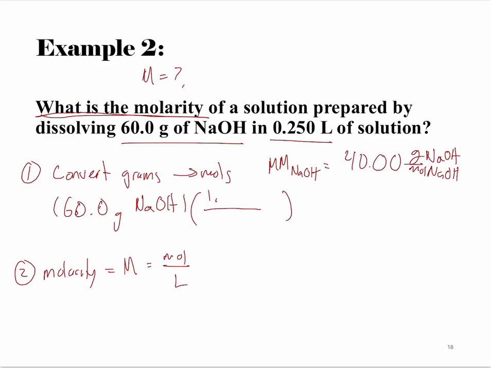Yep, 1 mole NaOH per 40.0 grams of NaOH. We know it has to be in this order because we want units of moles, and we're starting from units of grams. So we need the units of grams to cancel out. Grams, and when we plug that in, we get 1.5 moles of sodium hydroxide.